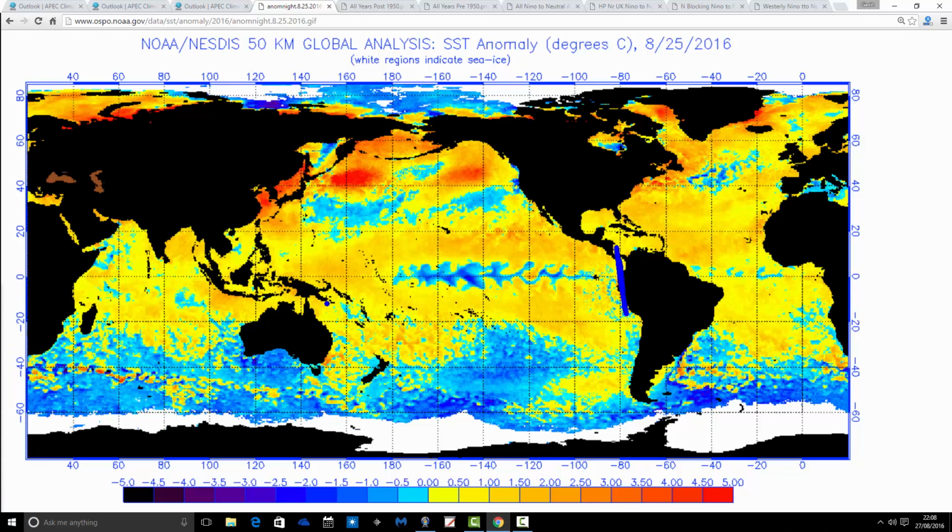So we've got Peru over here, we've got Indonesia over here, and we've been looking at either La Nina autumns, and La Nina is signalled by colder than average sea surface temperature anomalies through the Equatorial Pacific, or ENSO neutral autumns, which is where the sea surface temperature anomalies in the Equatorial Pacific are just hovering around average.